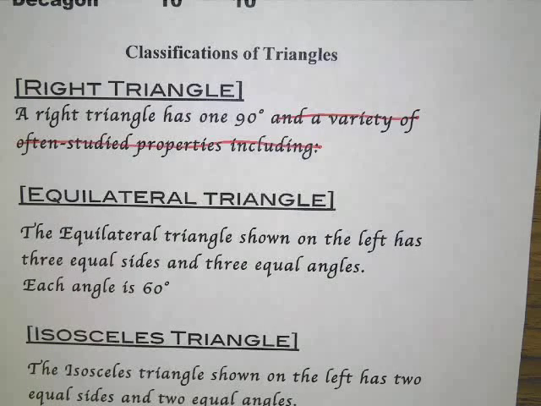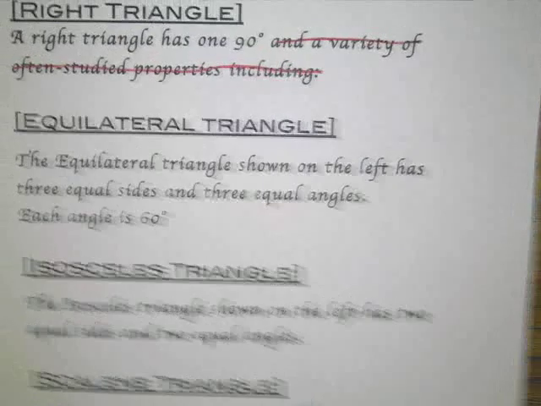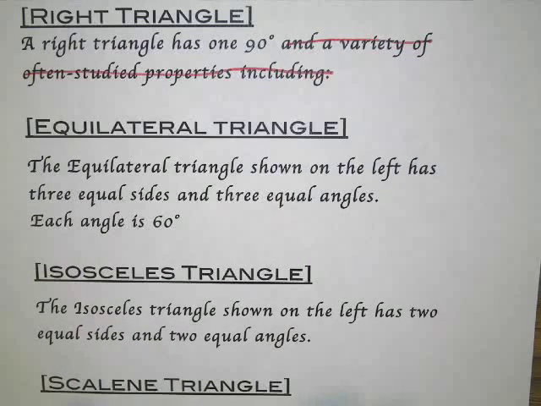An equilateral triangle has 3 equal sides and 3 equal angles. Each angle is 60 degrees. So, today we learned about supplementary and complementary angles, right? All the angles in a triangle add up to what?